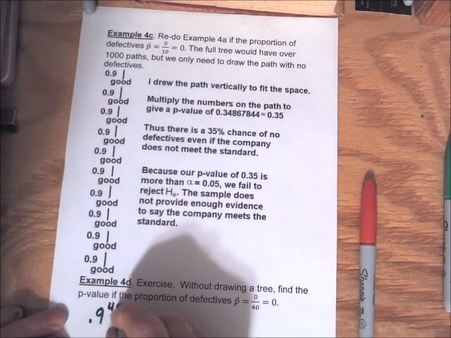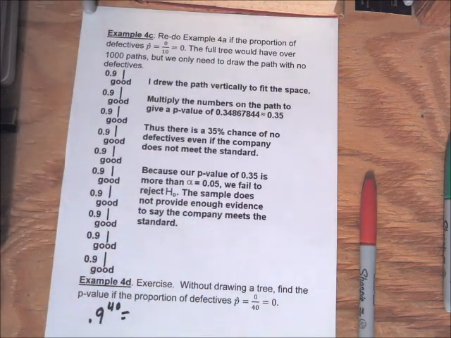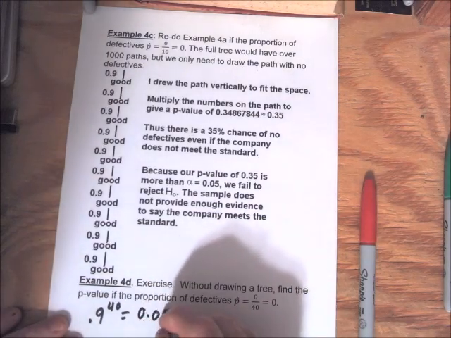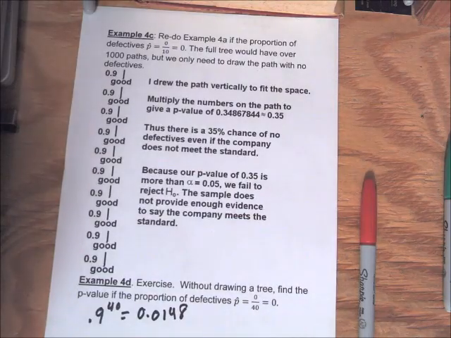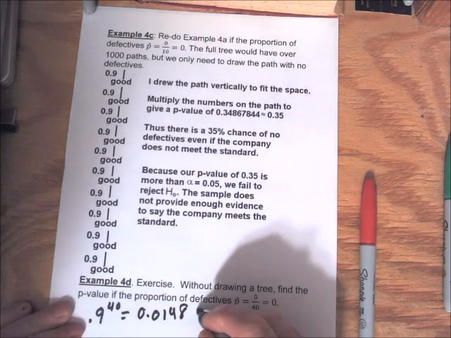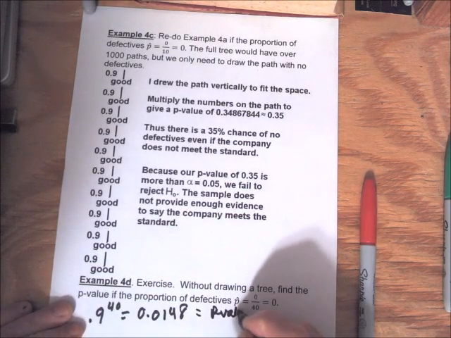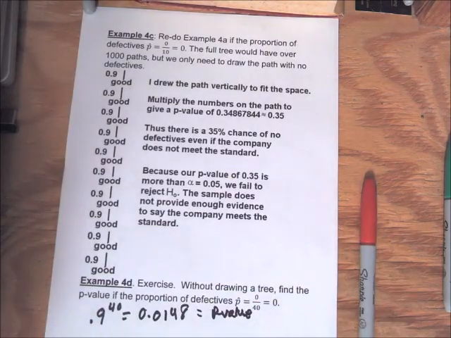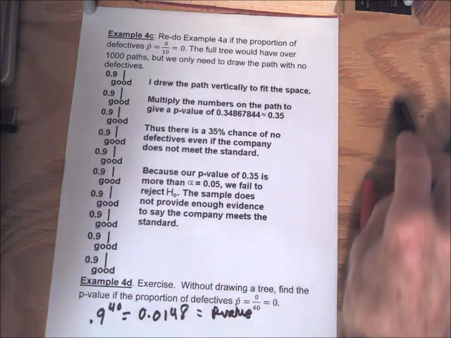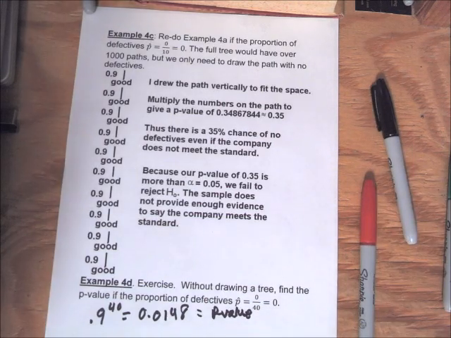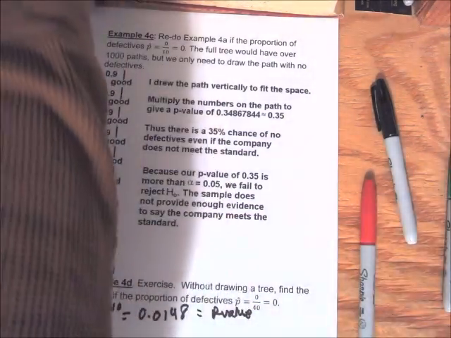We can put that in the calculator, and that's approximately 0.0148. This is going to be our p-value. So that would be enough evidence to reject H0. If we had a sample of 40 with no defectives, that would be enough to reject H0. And that concludes this presentation.